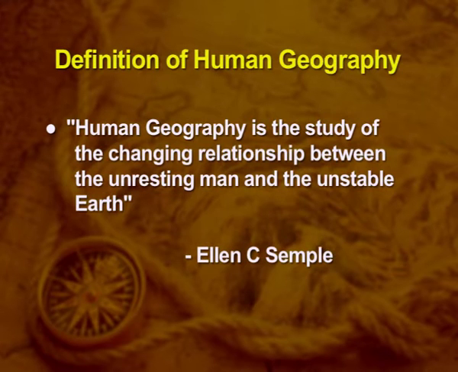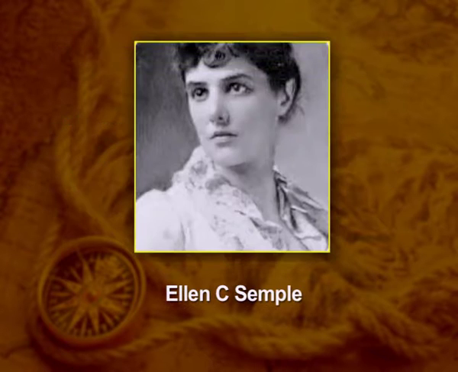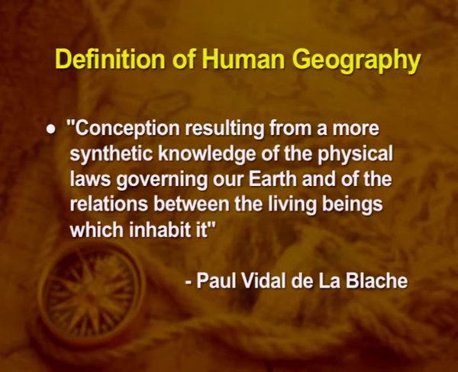Ellen C. Semple defined human geography as: human geography is the study of the changing relationship between the unresting man and the unstable earth. She was an American geographer. She not only established the interdependencies between man and the earth as Ratzel did, but also explained the ongoing interaction between the ever-developing man and the ever-changing earth.